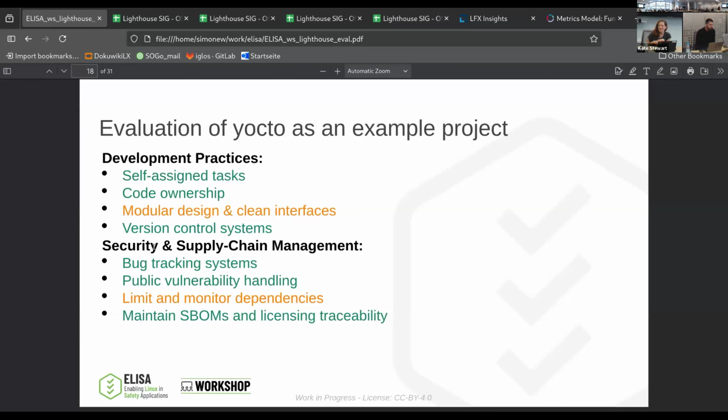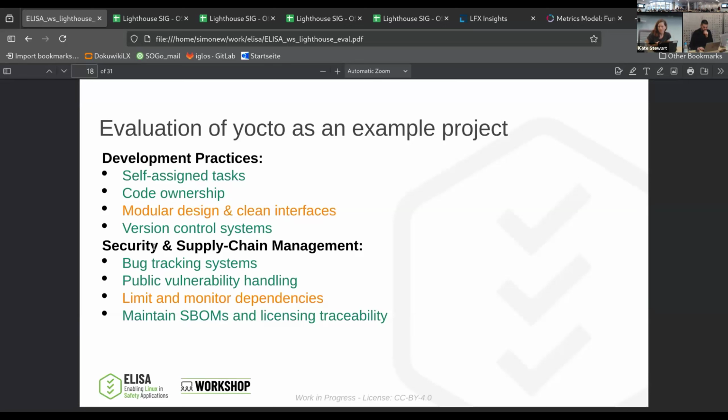Modular design and clean interfaces. This is just hard for me to evaluate. I think there are different opinions again, and I think there needs to be some further definition first from the requirement side, so that we are able to evaluate this really.